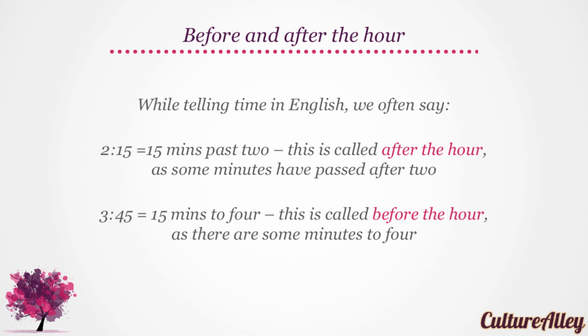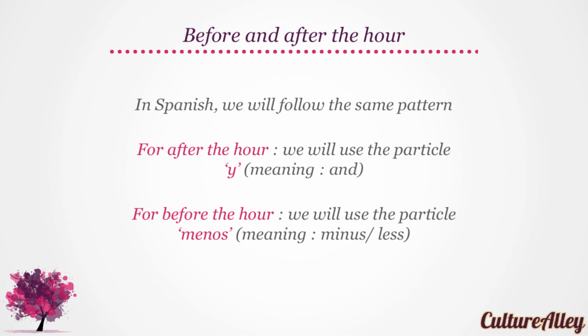While telling time in English, we often say 2:15, which is 15 minutes past 2. This is called after the hour, as some minutes have passed after 2. 3:45, which is 15 minutes to 4, is called before the hour, as there are some minutes till 4. We follow the same pattern in Spanish.